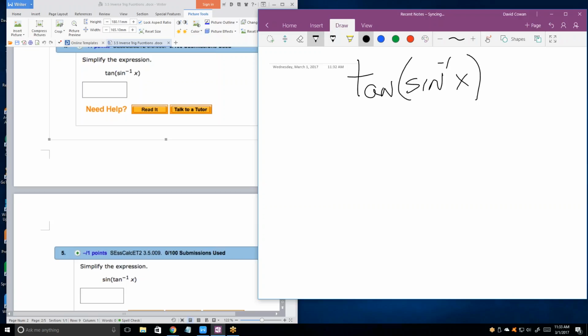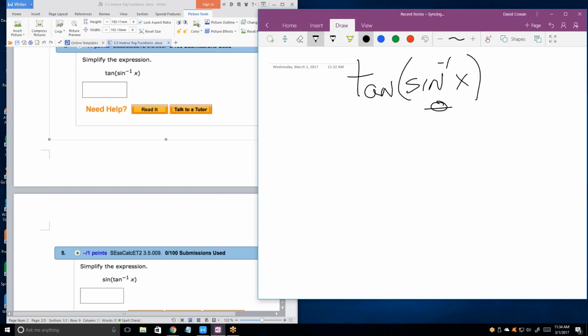No, the first step is always to make that theta. In other words, inverse sine of x is some angle. So I'm going to draw theta underneath it to represent it. I won't cross it out. In other words, I could run a line through inverse sine of x and say, we're going to call that theta. Okay. What's the next step?